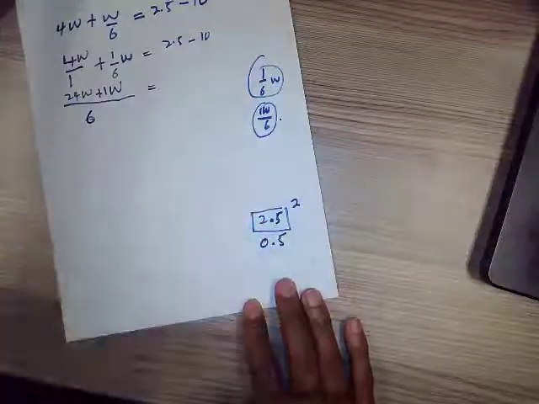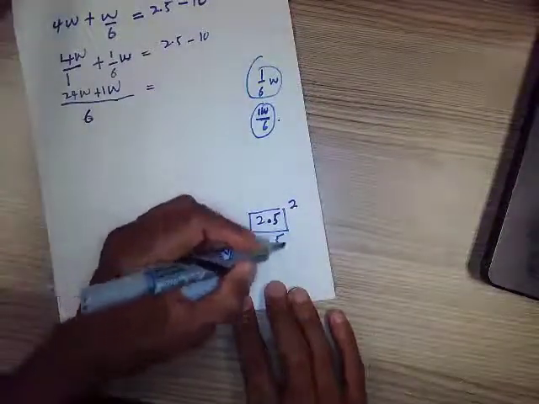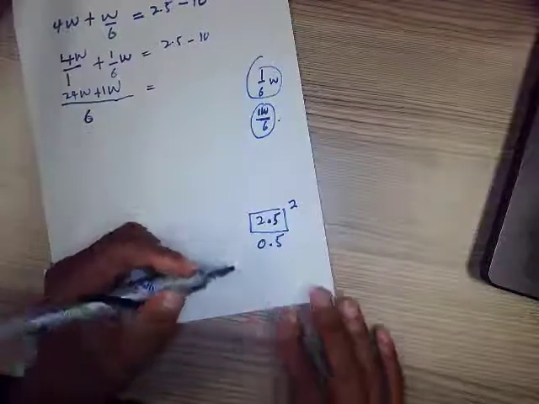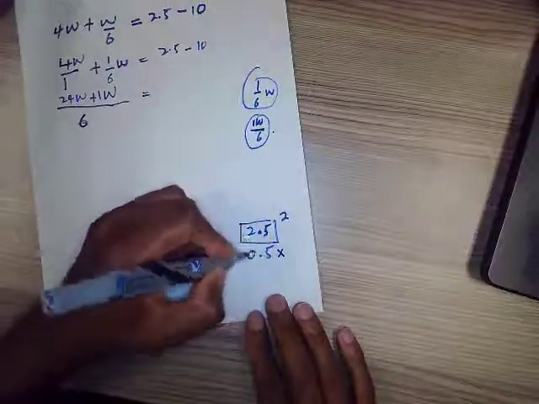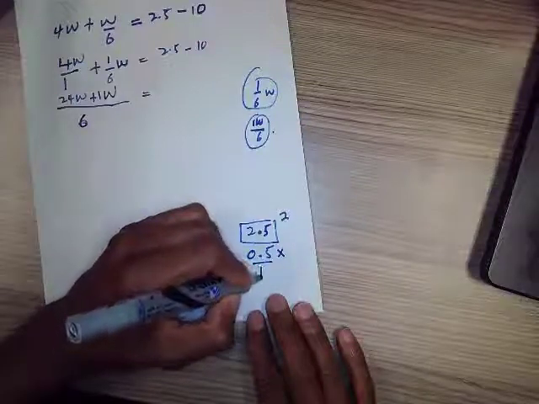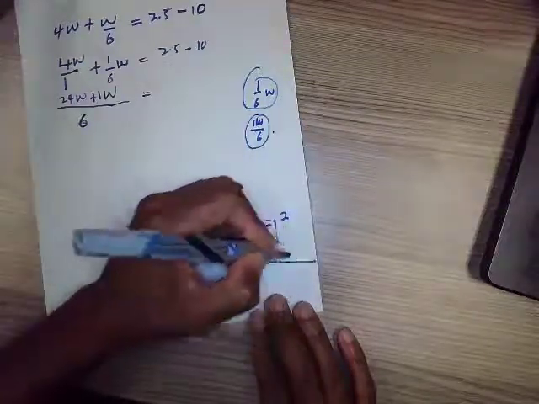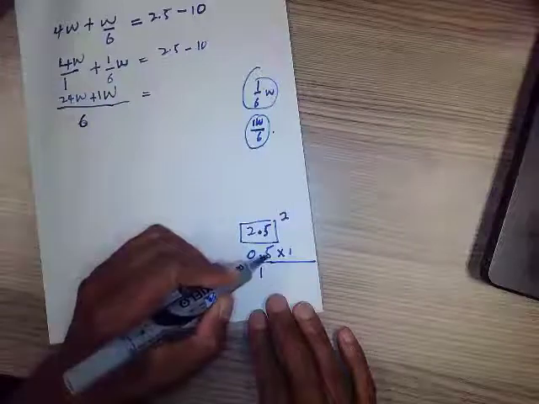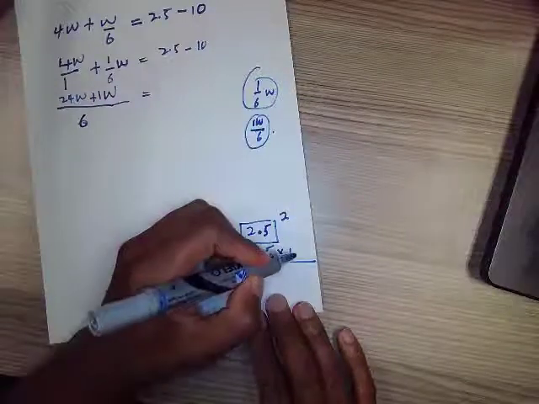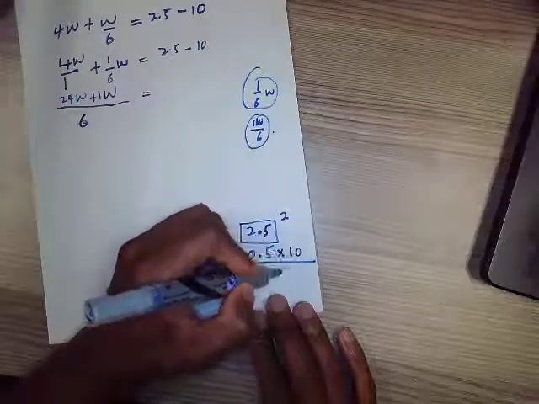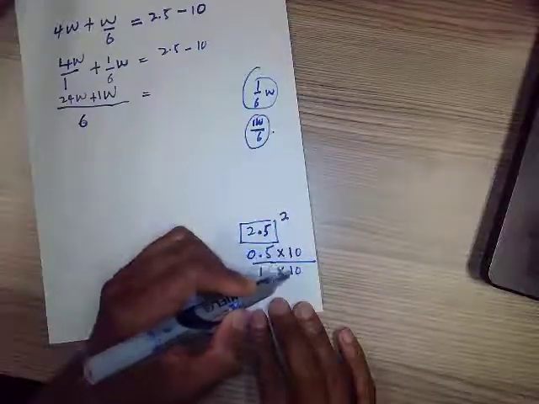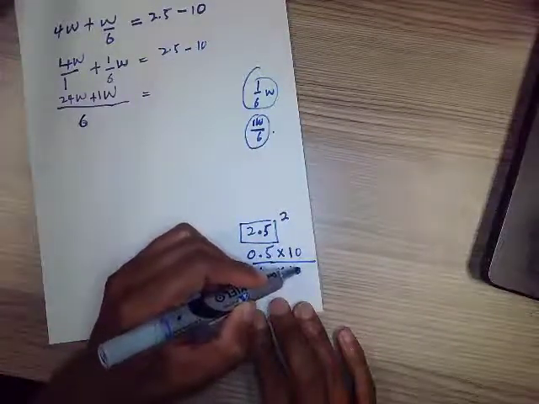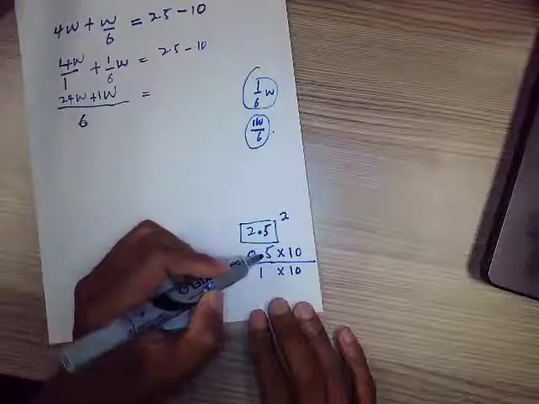Then convert this into a fraction, right? How do you do that? You multiply, because 0.5 is 0.5 divided by 1. So you multiply by the numbers after a comma on top, which is 10 at the bottom. So this 1 0, 1 0, so the zeros are dependent on the number after a comma.